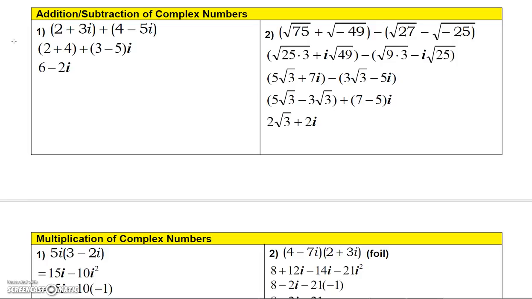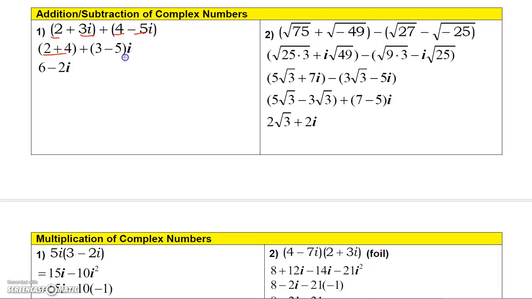You can also add and subtract complex expressions, but basically all you're going to do is add the real part and add the imaginary parts. Like right here, if I want to add 2 plus 3i to 4 minus 5i, I just say, okay, well that's going to be 2 plus 4, and that's the real portions, and then this is 3i minus 5i.